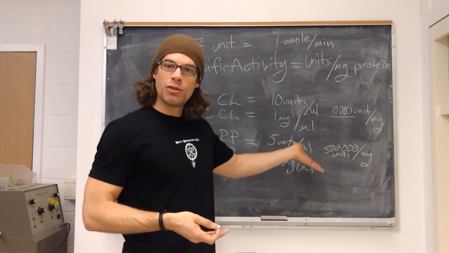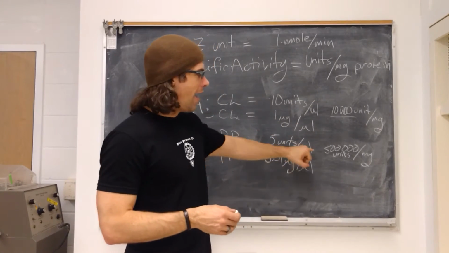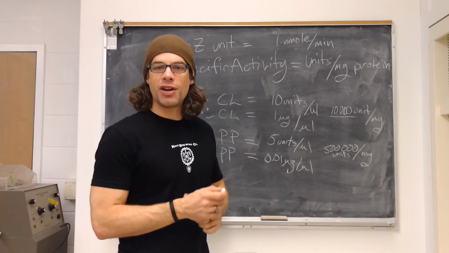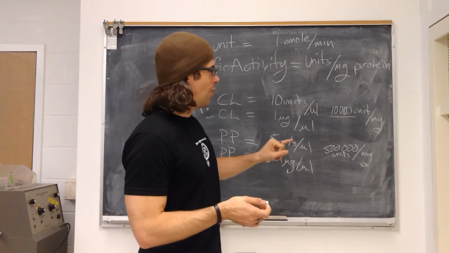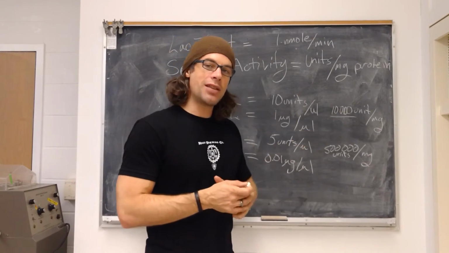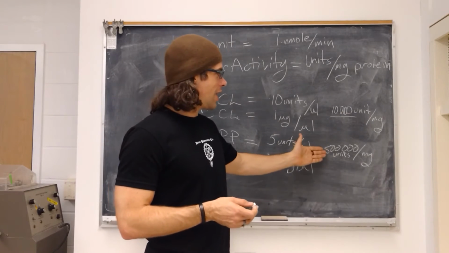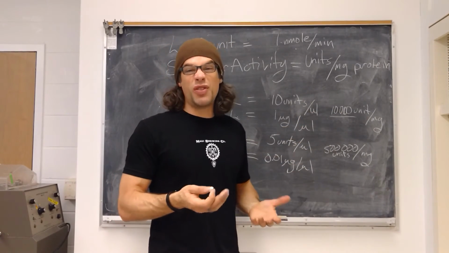In this case, we can use this example again. After purification, let's say we have a specific activity of 500,000. Before purification, we have a specific activity of 10,000. 500,000 divided by 10,000 is 50.